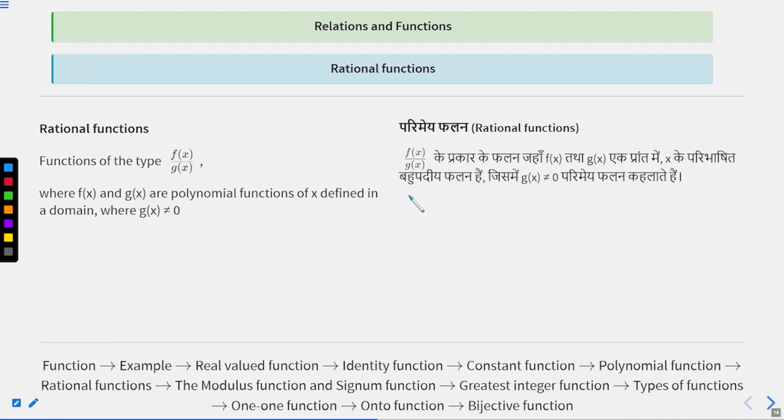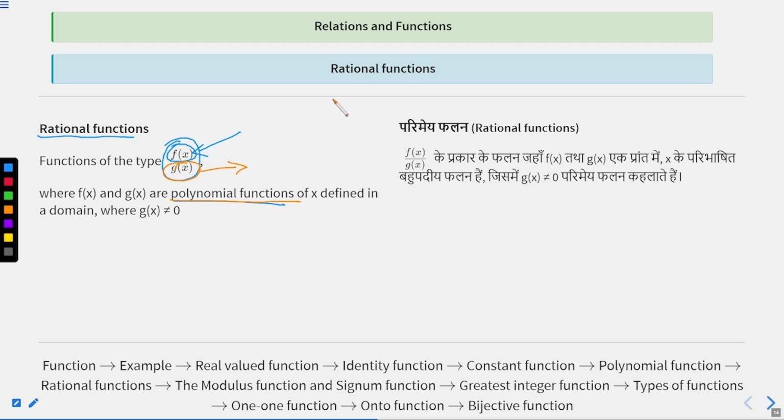Now talk about rational functions. So rational functions are just a type of function f(x)/g(x), where in the numerator f(x) is from a polynomial function and g(x) is also from a polynomial function. But on g we restrict some things. Why?